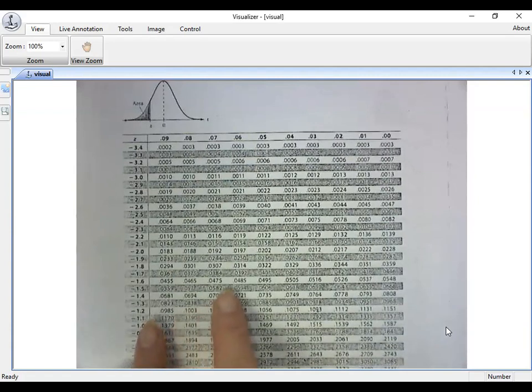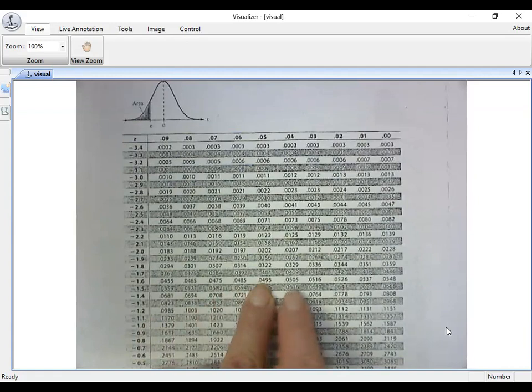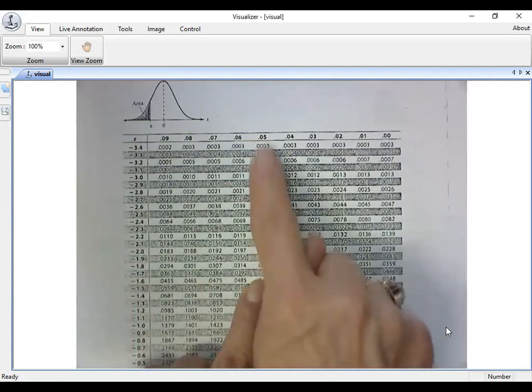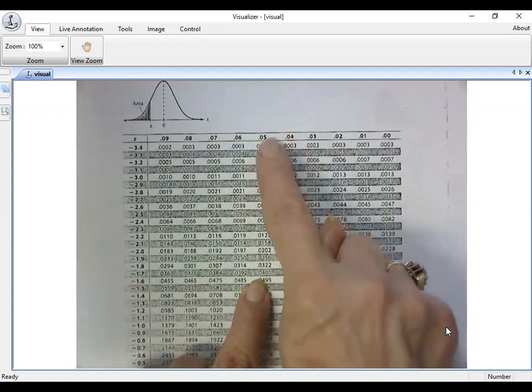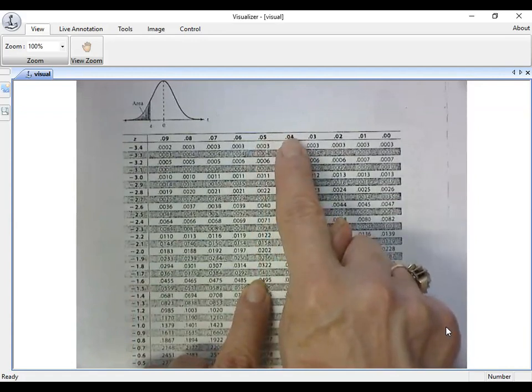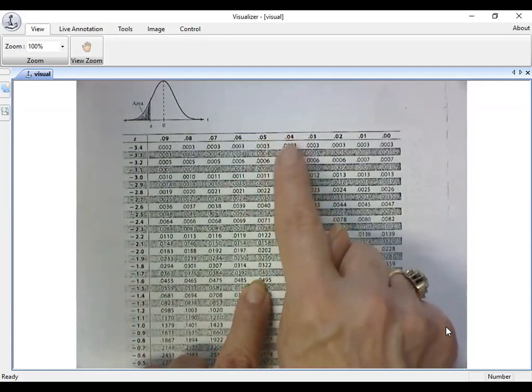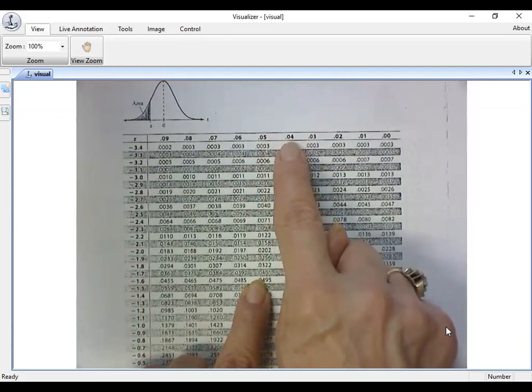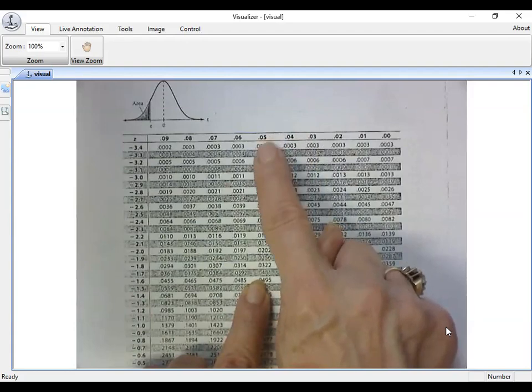So here's what I'm noticing. I've got 0.0495 and I've got 0.0505. I don't have 0.05 in here, but is it exactly halfway between those? Then that means it'd be a negative 1.645 because 0.045 is in between, or yeah, it would be in between 0.04 and 0.05.